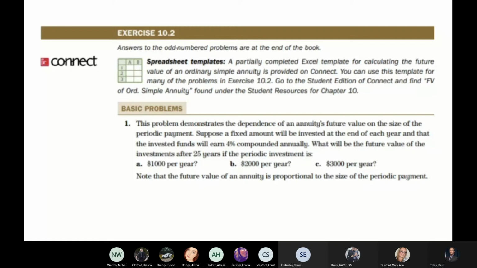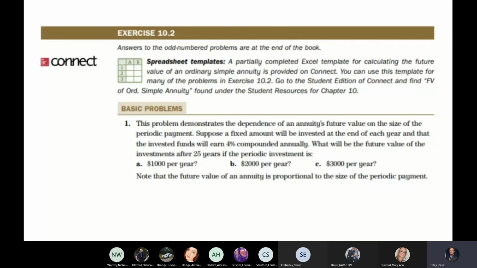So let's just pick this apart. Let's assume that we don't know that this is an ordinary simple annuity. How can we determine if it's an ordinary simple annuity? Well, the criteria is that we have to ask ourselves, is the payment interval and the compounding period the same in terms of the actual length? Well, let's see.